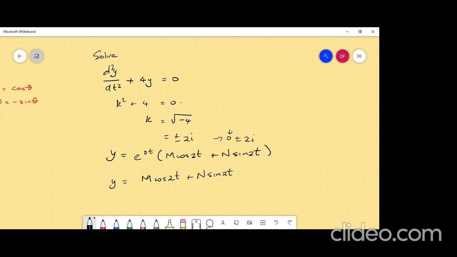And at some point, maybe, if you remember, if you had a cos x plus b sine x, it is going to be equal to the square root of a squared plus b squared, sine of x plus alpha.